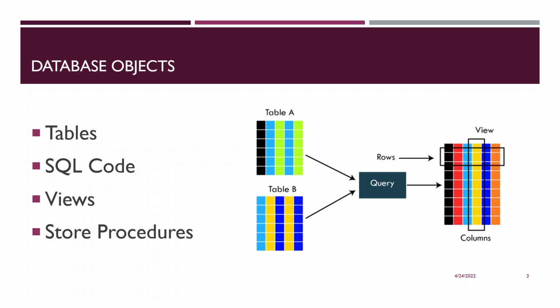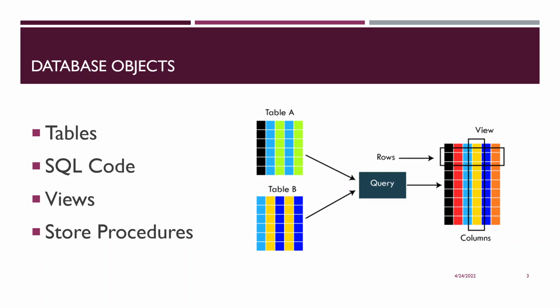Okay, so database objects: any tables, SQL code, views, stored procedures. We've used all of them up to this point. At some point you do want to get down to the details, but we want to have a data dictionary of some sort that helps explain what it is that we have accomplished.